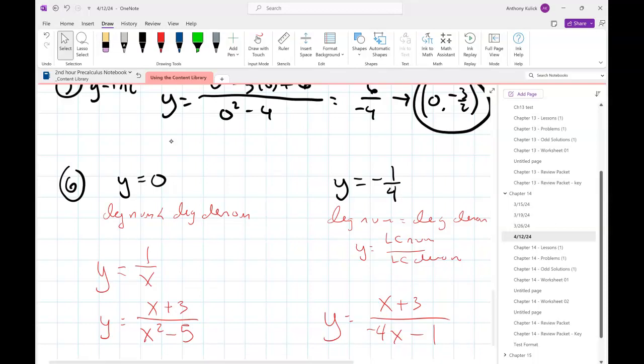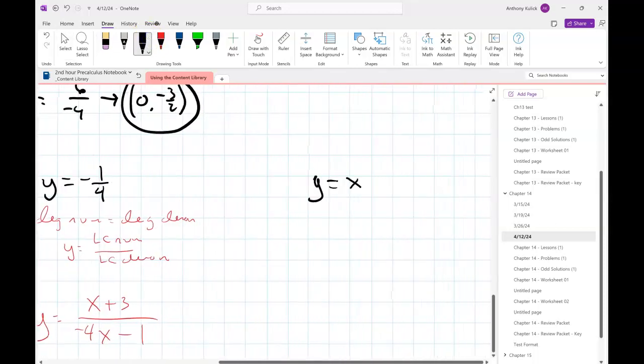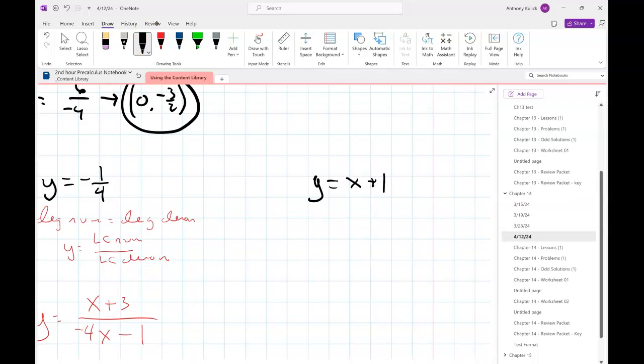What if it was a slant asymptote? Right.